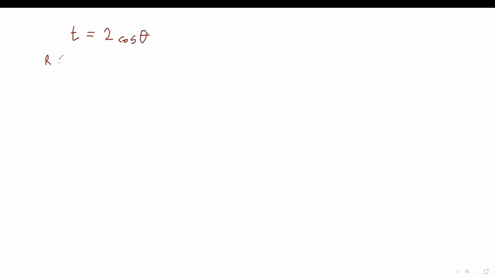And we are required to prove, RTP, required to prove sine (n plus 1) theta, and they want us to show that this is equal to T sine n theta minus sine (n minus 1) theta.